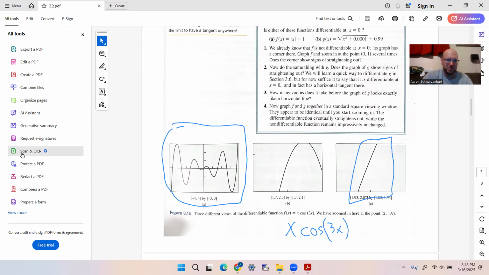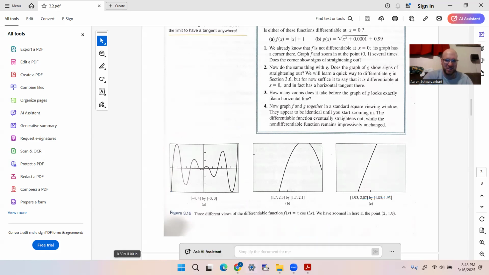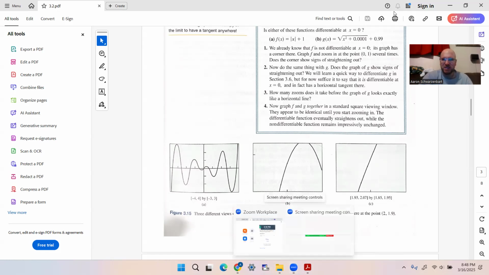Now we're going to move on to 3.7, what's called implicit differentiation. Okay? And I'm going to change what I'm sharing here. I'm going to share a whiteboard because this will be a little easier to work with.